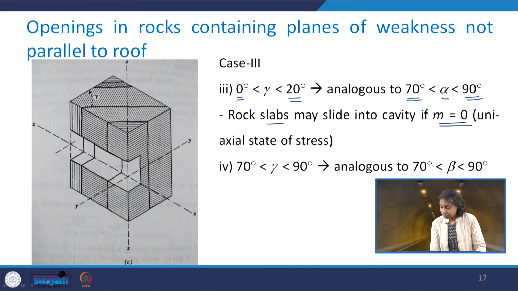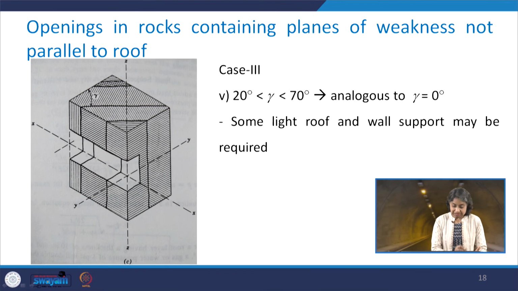In case the gamma angle varies between 70 degree and 90 degree, this is analogous to the case when beta is varying between 70 and 90 degree, and then you can refer back to case 2 and provide the appropriate support system as we already discussed.